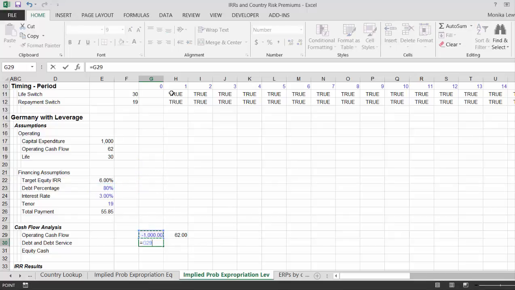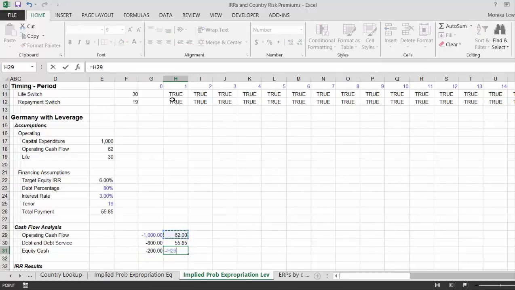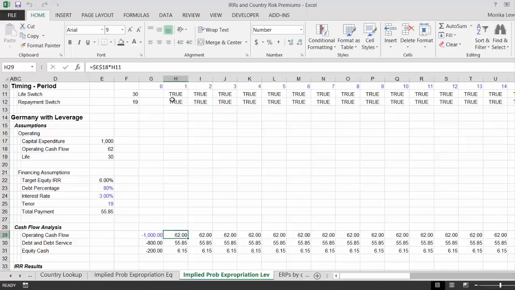Well, let's just put the 80% times this, and the payment is this one times the repayments. Equity cash flow is this, and we get our results.